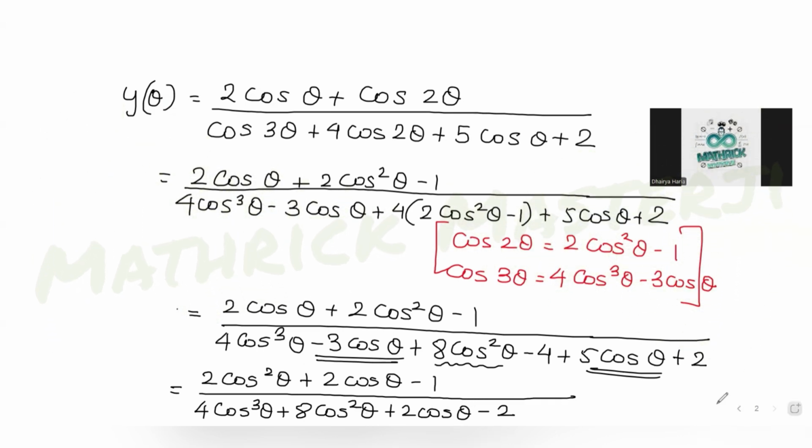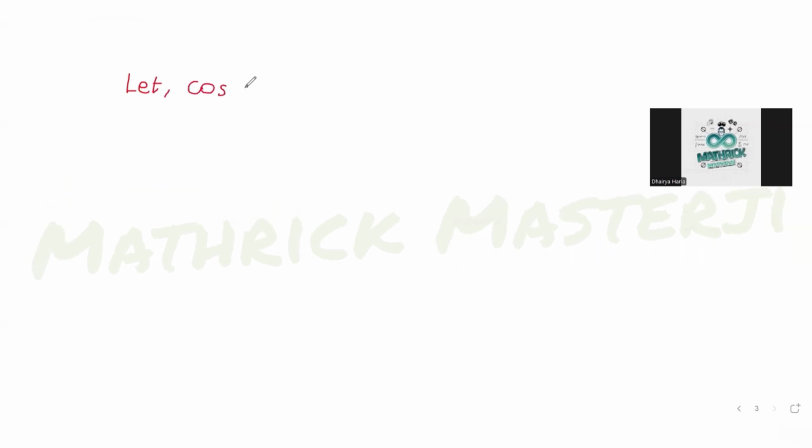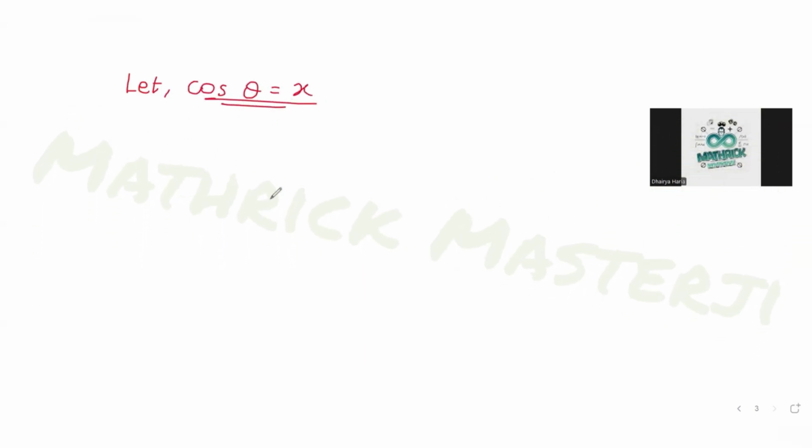Now I'll try to simplify that further. But to make it easier for us to understand, let's just substitute cos theta as x, and once I get it simplified, I'll resubstitute x as cos theta.